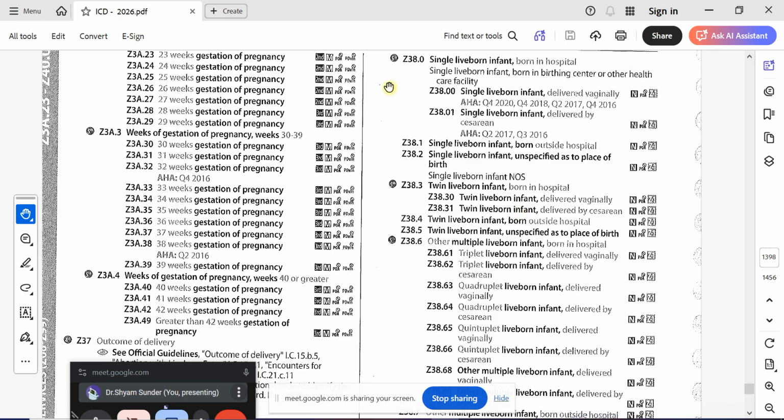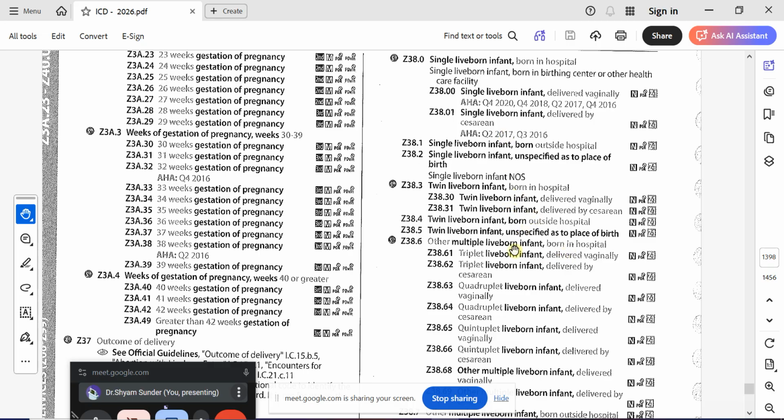Just observe this Z38 for a while, you'll see the difference. So Z38.00, single live-born infant delivered vaginally. Z38.01, single live-born infant delivered by cesarean.